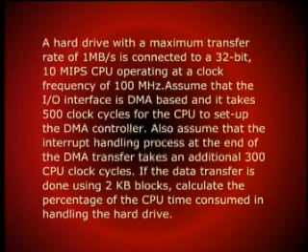Assume that the IO interface is DMA and it takes 500 clock cycles for the CPU to set up the DMA controller. Also assume that the interrupt handling process at the end of the DMA transfer takes another 300 CPU clock cycles. If the data transfer is done using 2 kilobyte blocks, calculate the percentage of the CPU time consumed in handling the hard drive. Let us look at the solution.